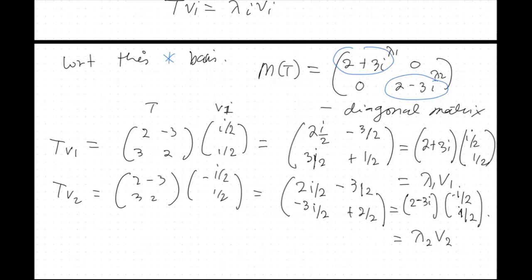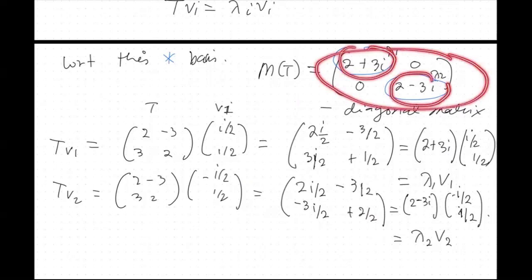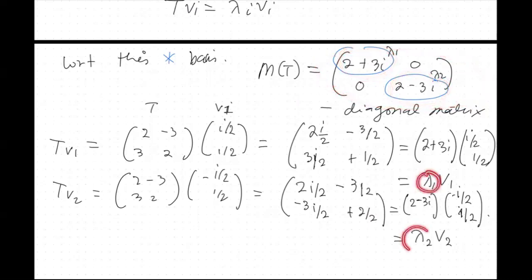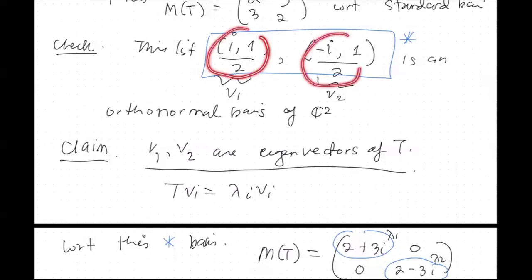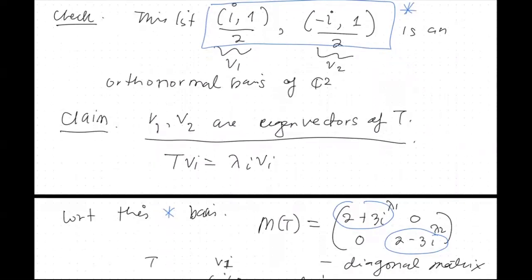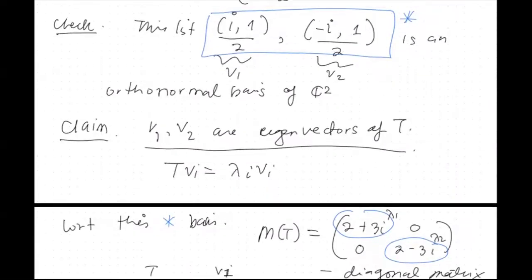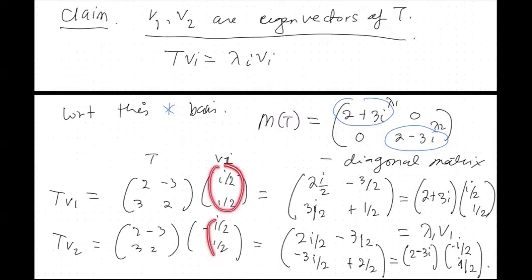So here we have a diagonal matrix wherein the diagonal is composed of the eigenvalues, and it is with respect to an orthonormal basis consisting of the eigenvectors of T. This one is eigenvector number 1, and this is eigenvector number 2.